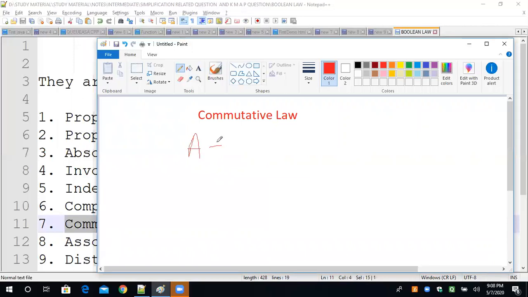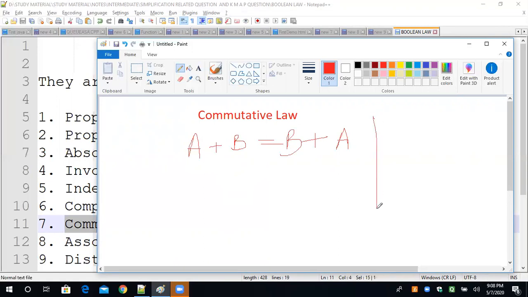A plus B can be written as B plus A. It's a very simple law, no need of explanation.